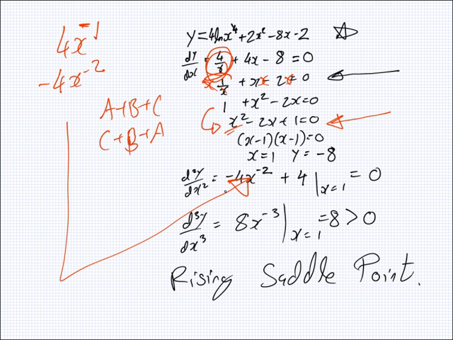Do you all have that? So 4 over x is 4x to the minus 1, the derivative of it is minus 4x to the minus 2. The rule is you bring the power down and you minus 1 from the power. Can I go on to the next example?